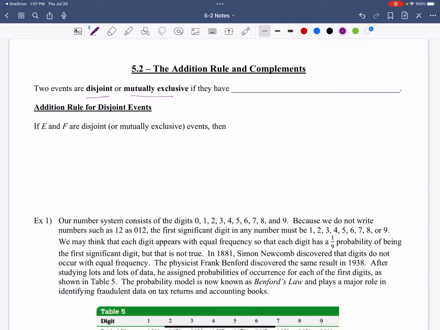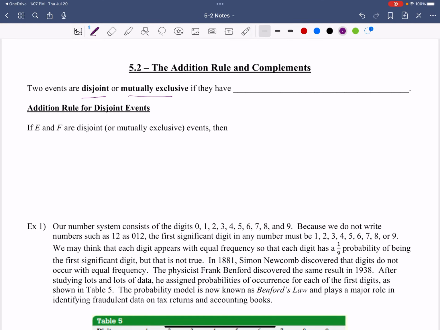I'll make this bigger so we can see it better. If two events are disjoint or mutually exclusive, so those are synonymous, that means that they have no outcomes in common. So think about this for a second.